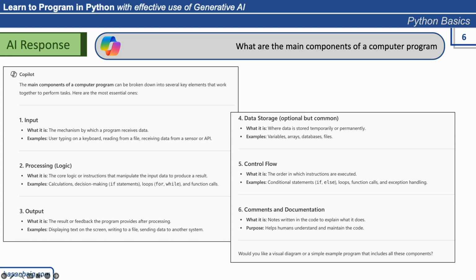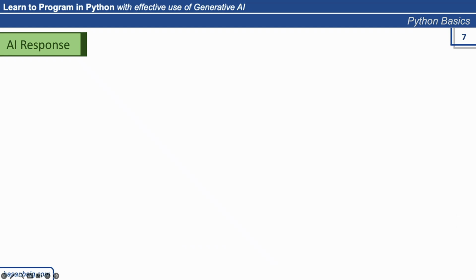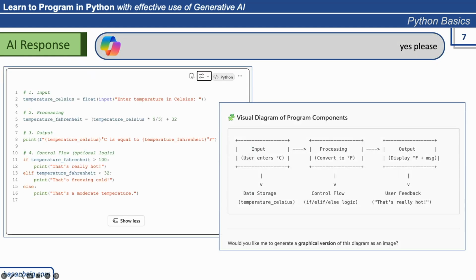Okay. So after posing all this information, generative AI usually poses a question like, how would you want to proceed? Would you like a visual diagram or a simple example program? And you may interact, as I did, by saying yes, please, and it throws off an example, which again, if you're a first-time user, first-time learner, you may not be able to understand in terms of syntax.